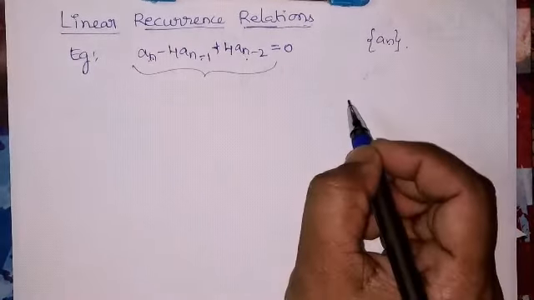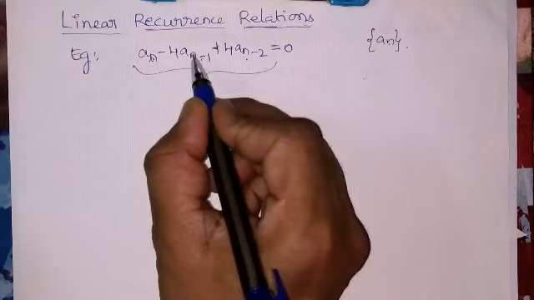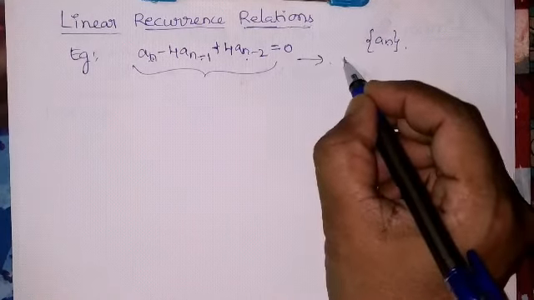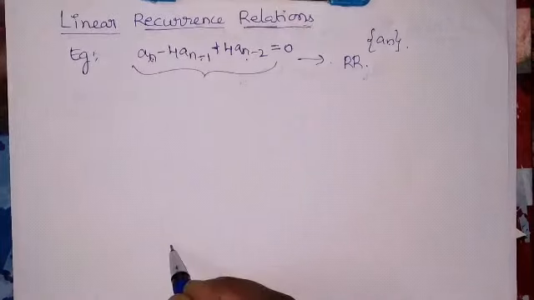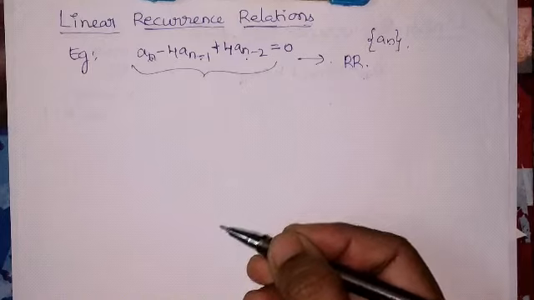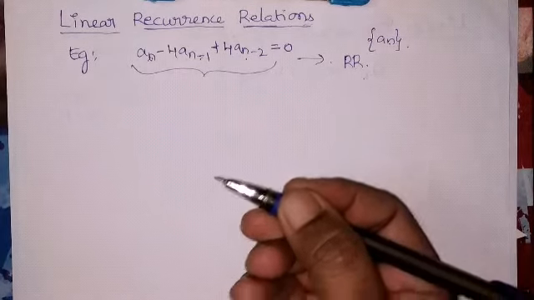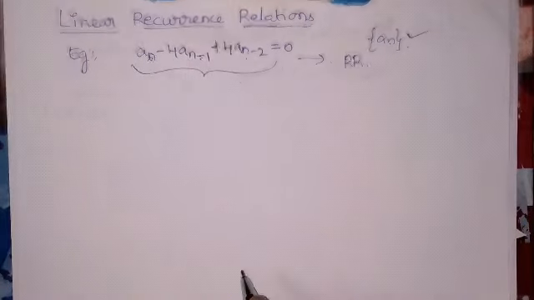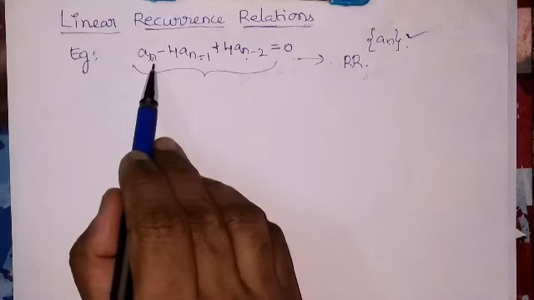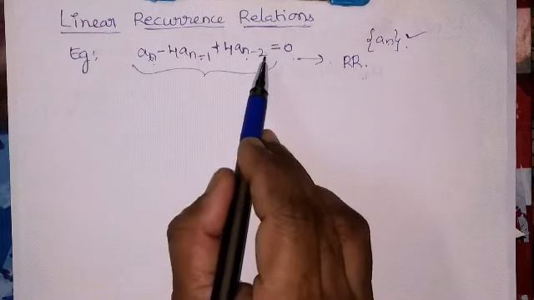Since the equation is a relation between a_n and its two previous terms, we call this equation a recurrence relation. In brief, we can define a recurrence relation as a relation between the different terms of a sequence a_n. Here, a_n is expressed in terms of the previous two terms, a_(n-1) and a_(n-2).